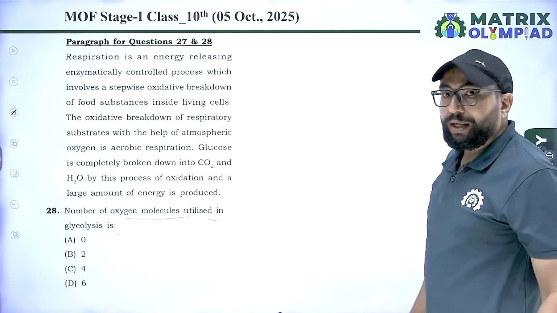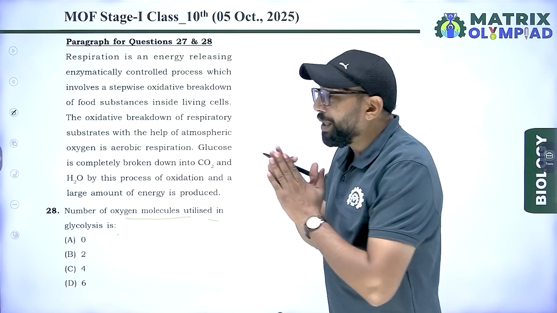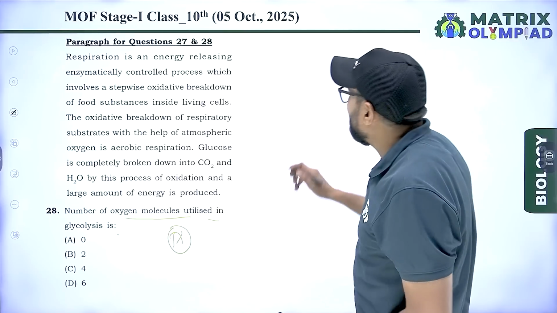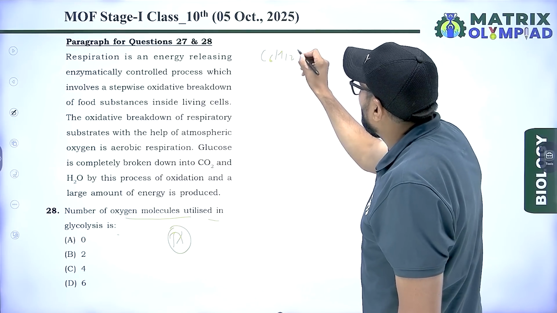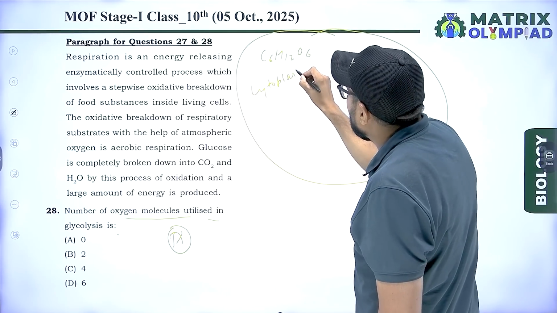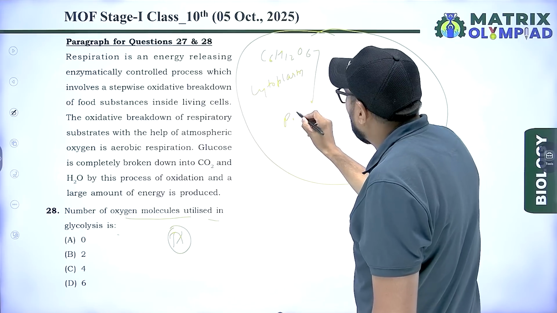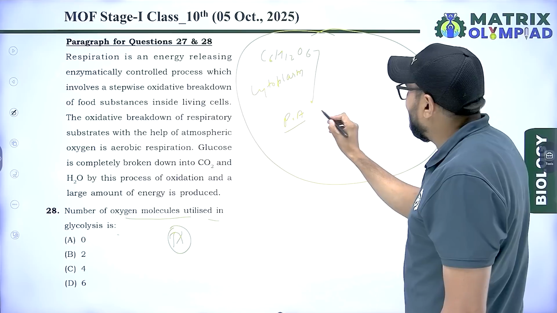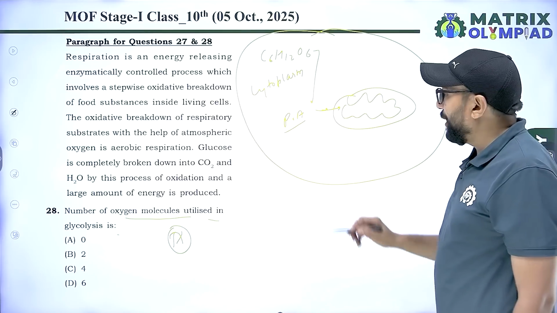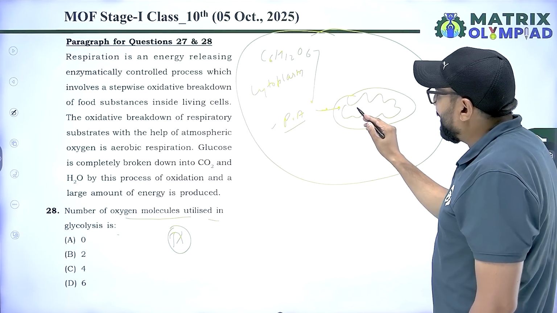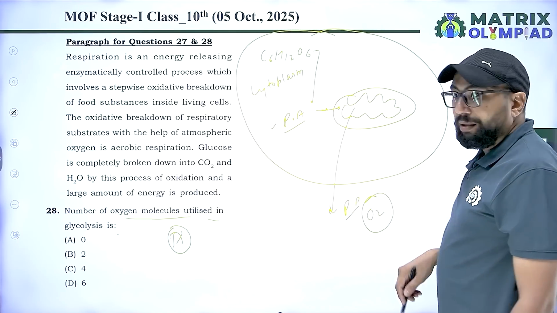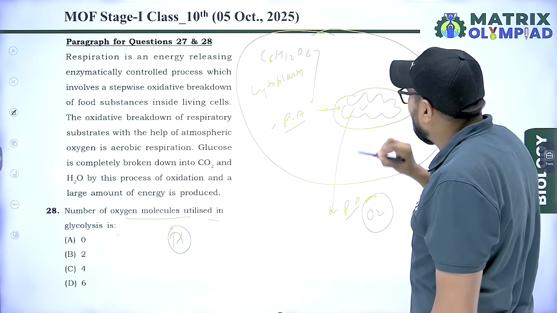In glycolysis, zero oxygen is utilized. It means option A is right, because C6H12O6 in the cytoplasm breaks down into pyruvic acid, then enters into mitochondria, then pyruvic acid breaks down in the presence of oxygen, meaning oxygen is utilized in mitochondria.